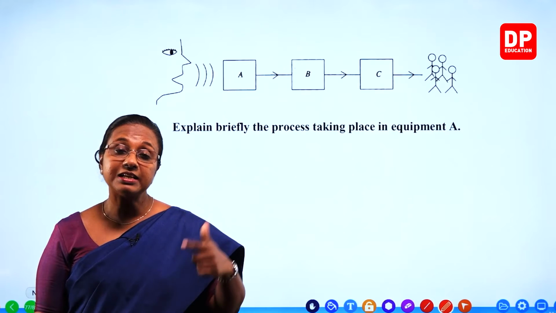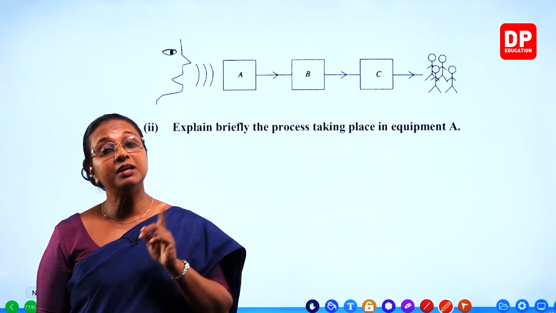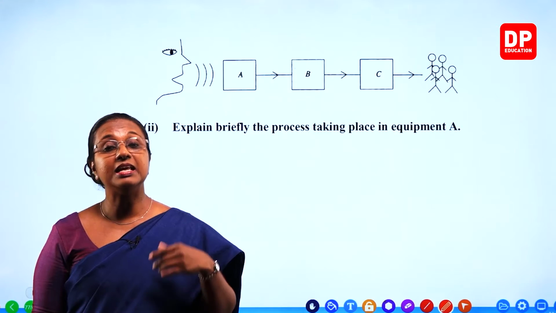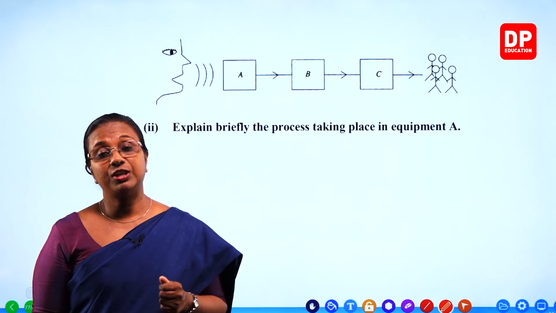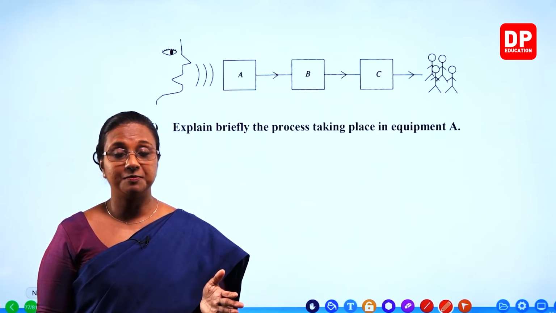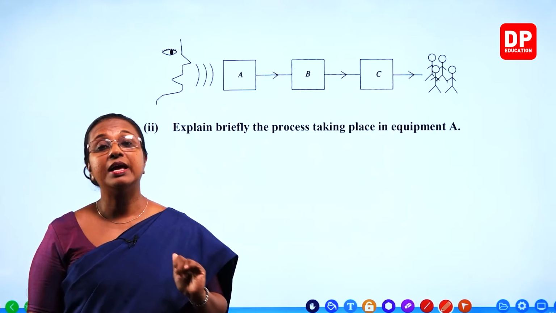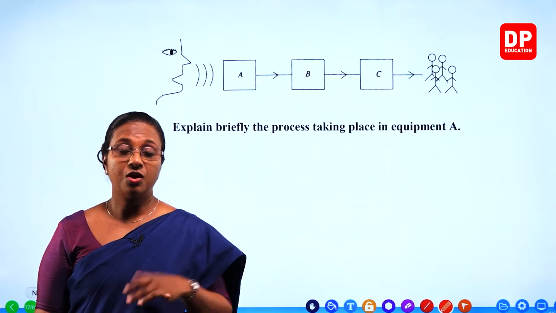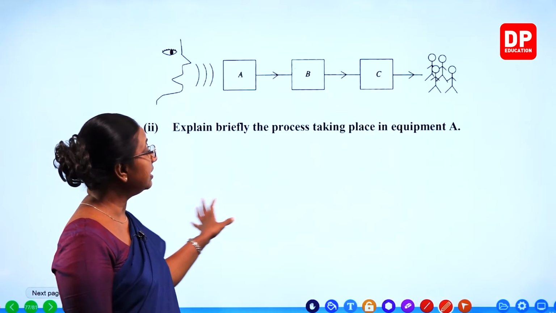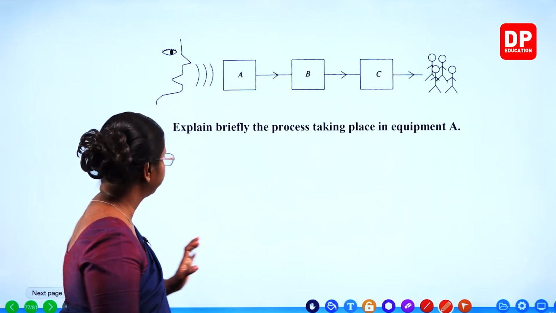Now the coil is around the magnets. So there is a magnetic flux. Due to that magnetic flux, there is an induced electromotive force which gives rise to a varying current signal. So that is how sound energy is converted to electrical energy in the microphone. That is what you need to explain here.